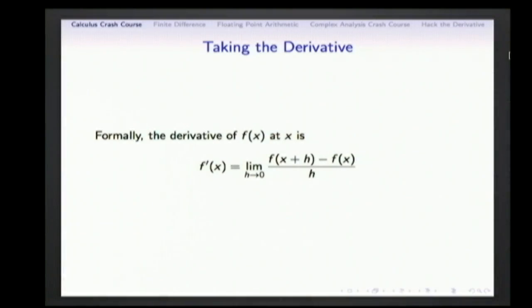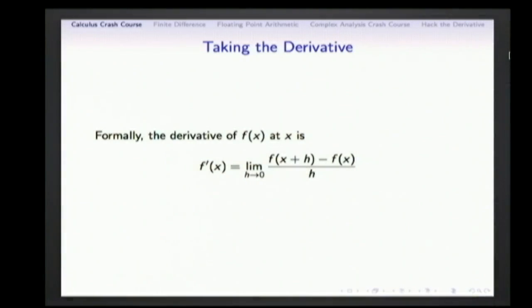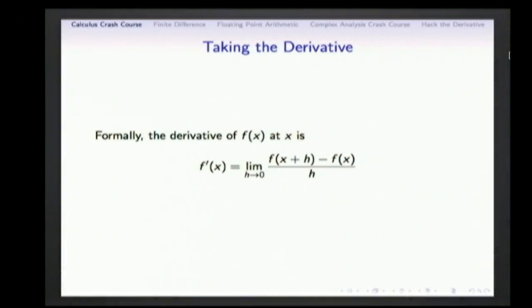Formally, the derivative is defined as the limit of f of x plus h minus f of x, over h, and that limit needs to exist from both directions, coming at 0 from negative numbers and from positive numbers. Essentially we take a very small step and compute the rise over run of that line. If that gets closer and closer to a number, then that's the derivative, and the derivative is defined.